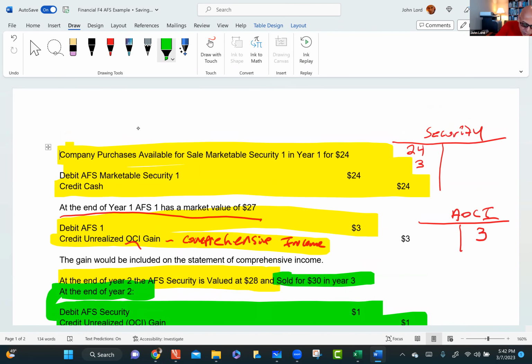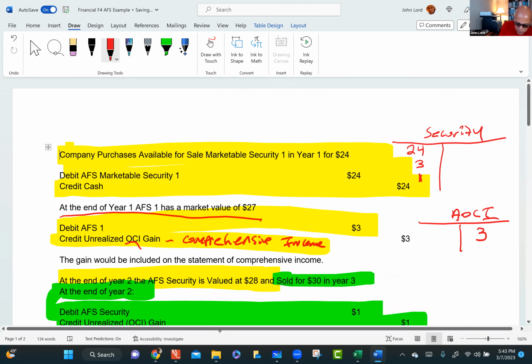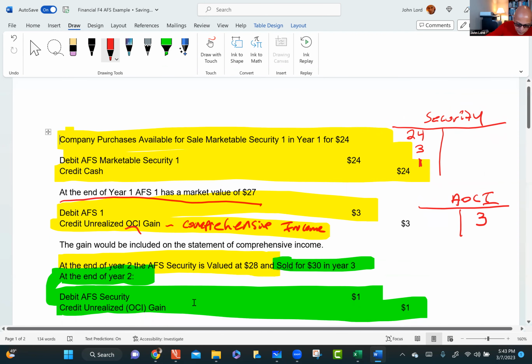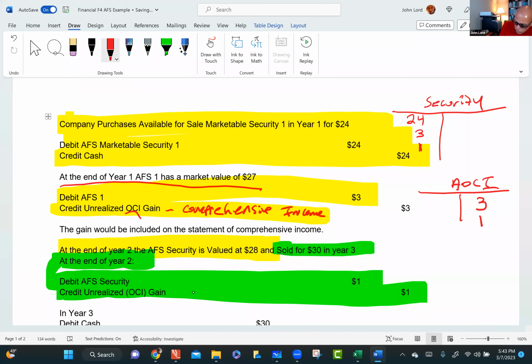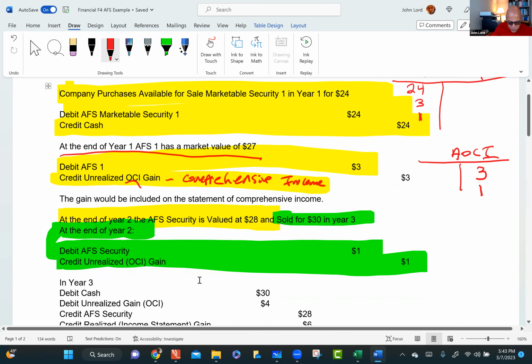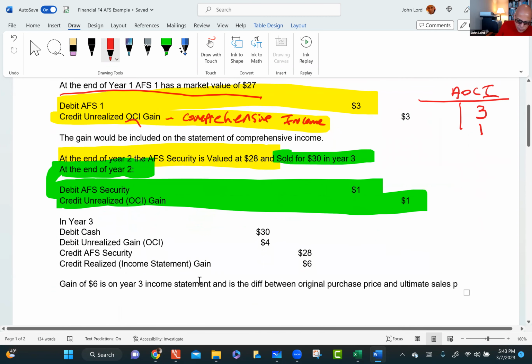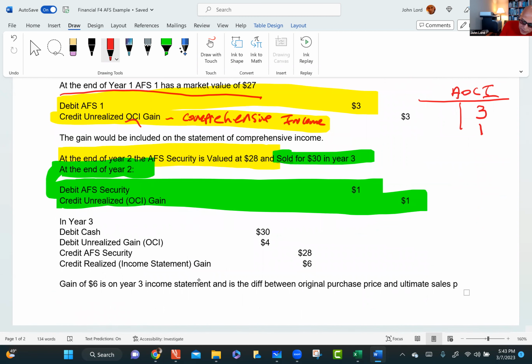When I debit the security, now the security is up to what? The 28. And I would close my other comprehensive income gain that I would show as part of my comprehensive income. I ultimately would close that to my accumulated other comprehensive income, because that's the retained earnings of my other comprehensive income. Okay, then finally in year 3, I go ahead and sell the security.